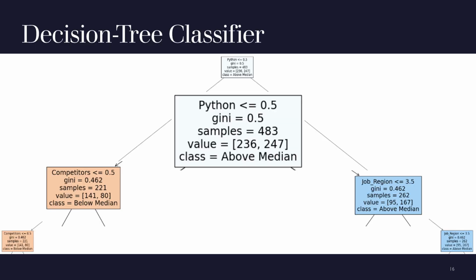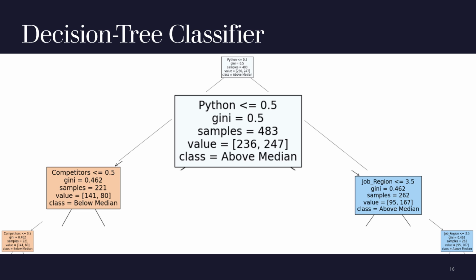So with a depth of 7 and 30% of the data set being our training set, we come out with Python being plotted at the very top to establish our pay above median. This is not the same as importance.